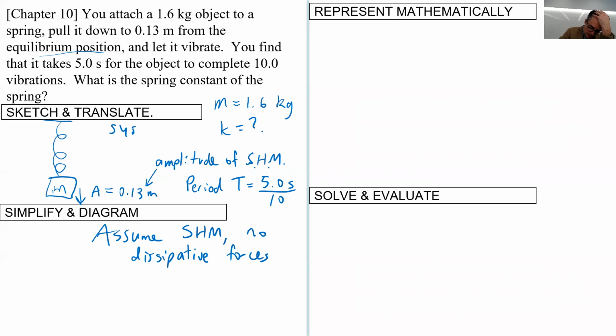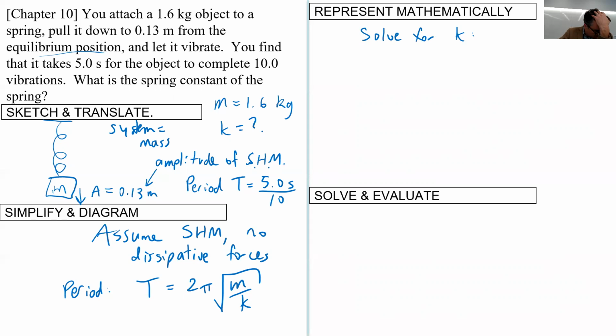I guess we could say that the system is the mass, something like that. So anyway, we just use that the period for a mass on a spring is equal to 2 pi times the square root of m divided by k, and solve for k, because we have all those things, right?